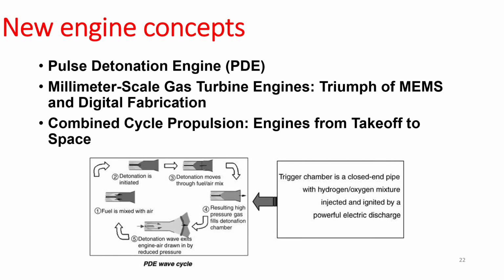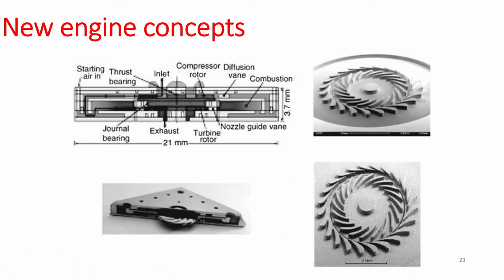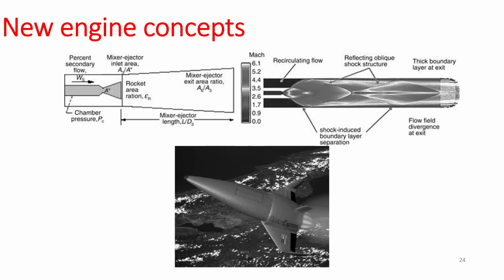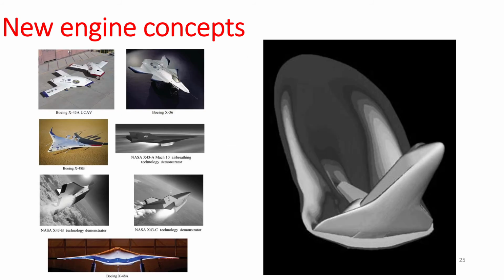We also have combined cycle propulsion, which is the newest part, but it has been on engineers' minds from the get-go that they want to design engines that can take care of takeoff to going to outer space. You can see the millimeter-scale designs here and the concepts for the combined engines, essentially from takeoff to the return.